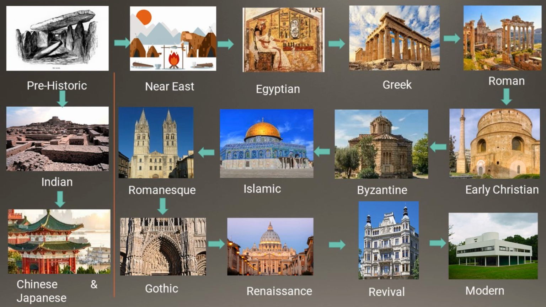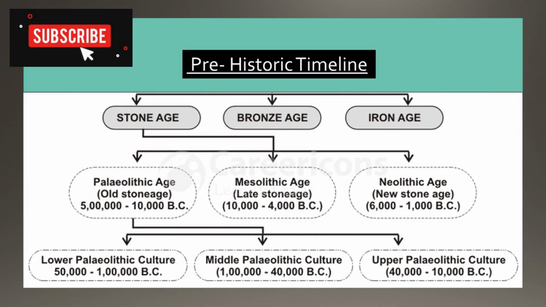After that, Greek, Roman and early Christian settlements happened. Byzantine, Islamic and Romanesque started developing. Also the Gothic, Renaissance and Revival periods happened in that era, and then modern architecture took place. And here we are in the modern era. We are going to be learning about each and every timeline as mentioned in this PPT, so stay tuned for that.